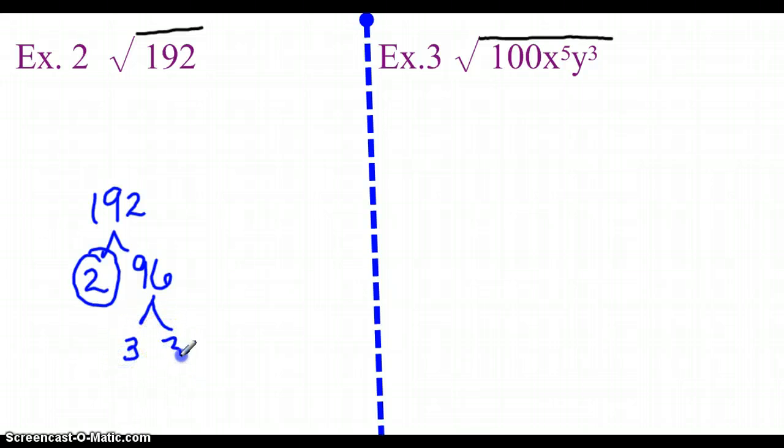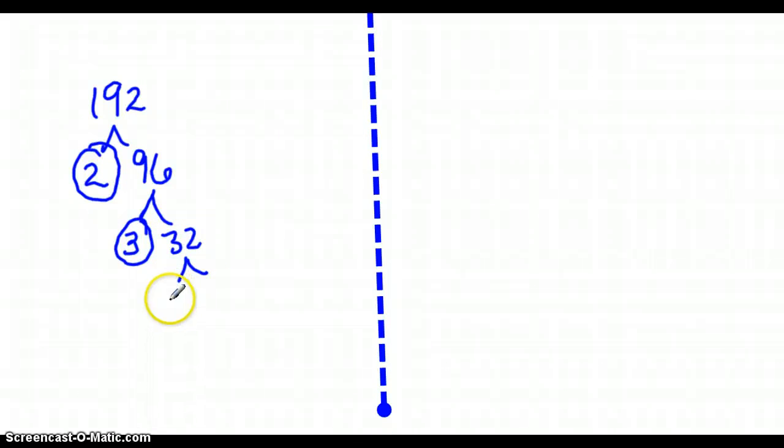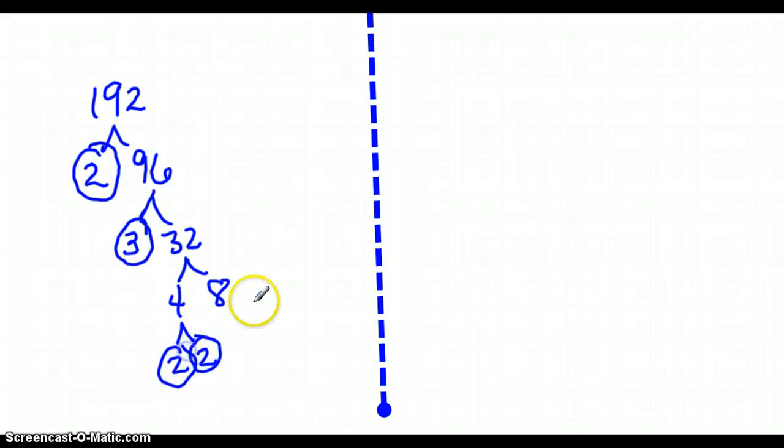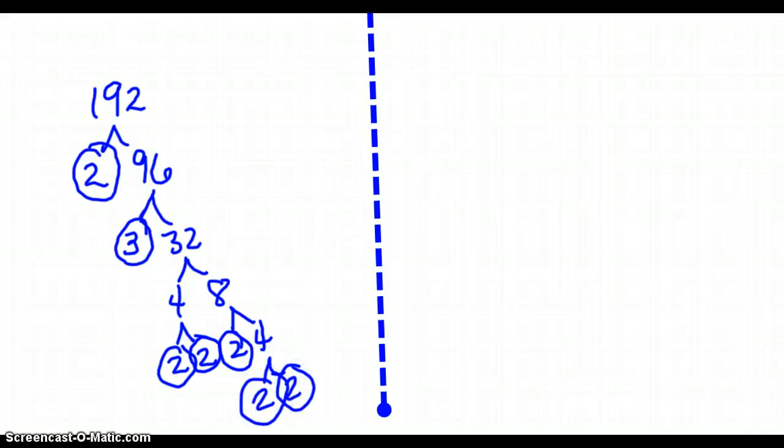So 3 is going to go in there 32 times. 32 would be 4 times 8, and 4 is 2 times 2. 8 is 2 times 4, and 2 times 2. So if I look at this one, I actually have a lot of factors in this one. So there's 1, 2, 3, 4, 5, 6 2's, and a 3.